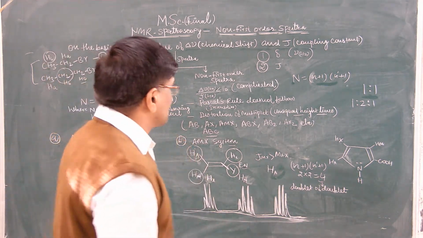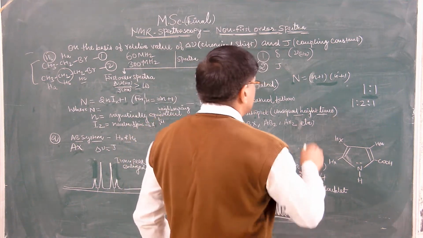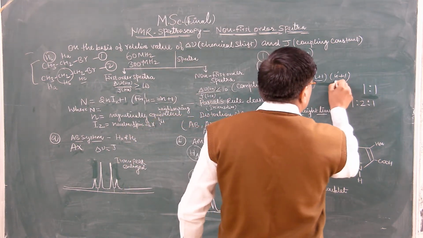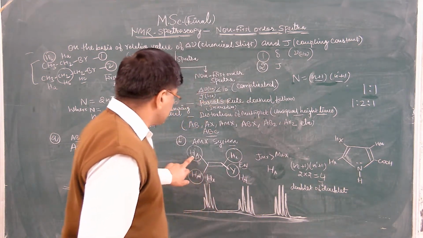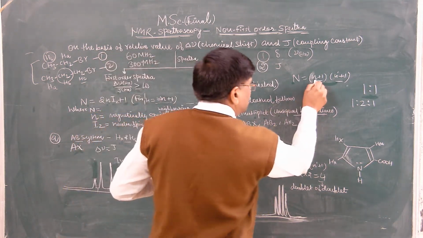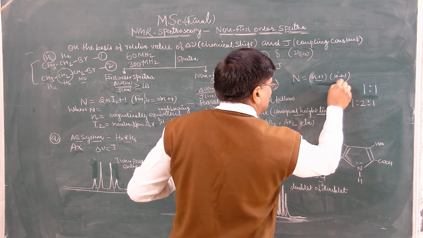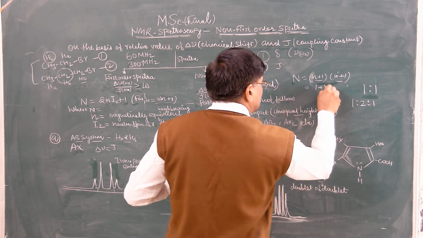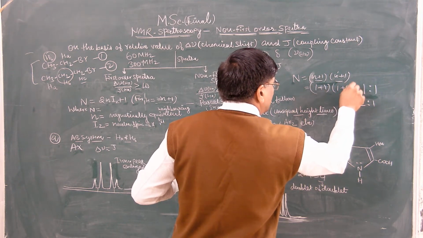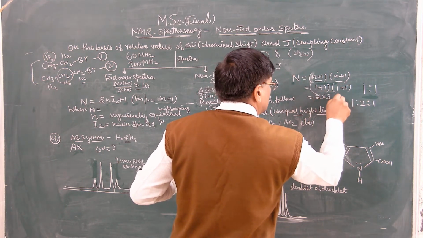So we can get the lines in the multiplet using the (n+1)(n'+1) formula. Here n is one type of neighboring protons and n' is another type of neighboring protons: (1+1) into (1+1), we get 2 into 2 equal to 4.